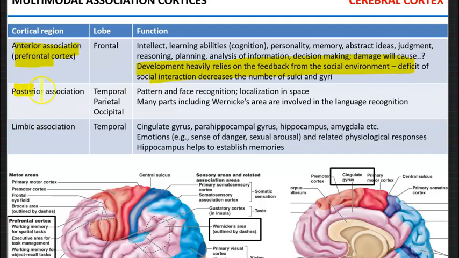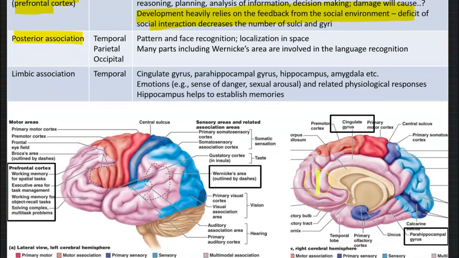Posterior association cortex. Specifically, I want you to know the function of Wernicke's area. To my knowledge, Wernicke's area in humans is the largest among all mammals.